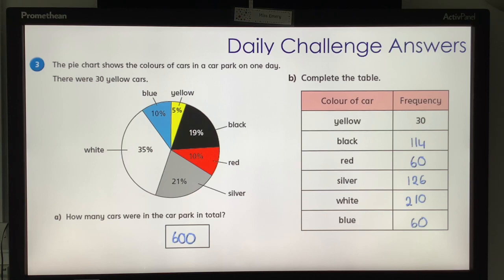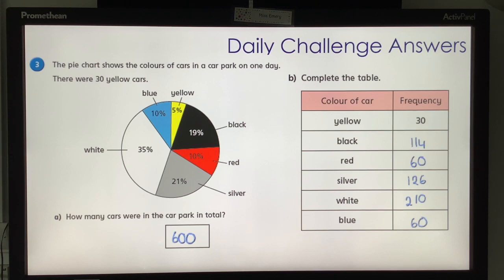Now going back to our table, I would probably work out blue first because I've got my information for yellow. I know that 5% was 30, so I know blue 10% is 60 because all I needed to do was double it. I then know that red is 60 as well because it's also 10%. Now if you wanted to, you could use your bubble method.